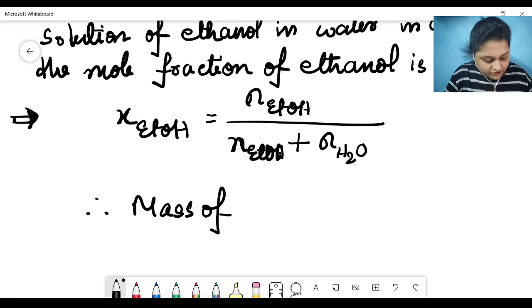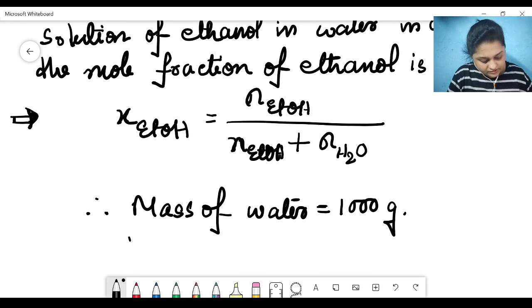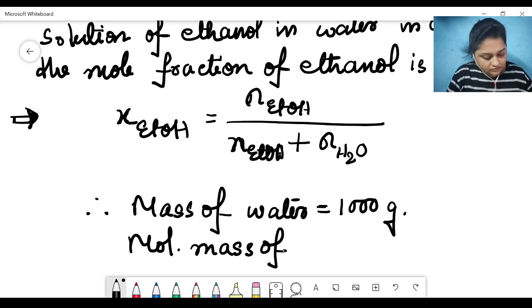Mass of water is 1000 gram. Molecular mass of water, we all know, is 18 gram per mole.